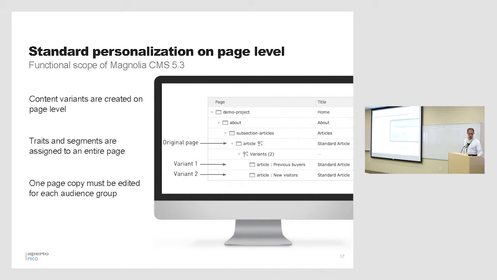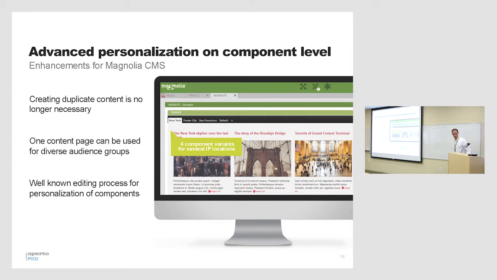So, to optimize this, we have implemented a solution so that you can target your content on the component level. So it means you can mix different audience groups and a lot of traits for each component. It means that you can edit content much faster, you have no duplicate content, and you are much more flexible.